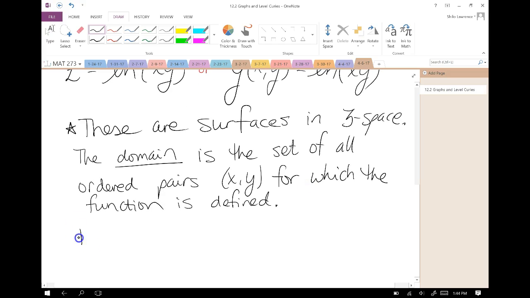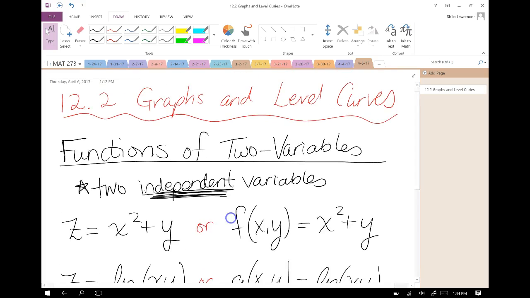And then the range. Do you remember what range is from just pre-calculus algebra? Y values usually. Right, y is the output in pre-calculus algebra. Here, our output is the z. So just to be more general in case these variables change, the range is the set of all output values for the functions of 2 variables.